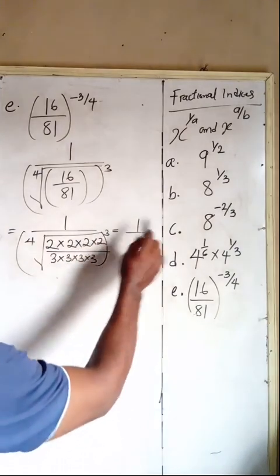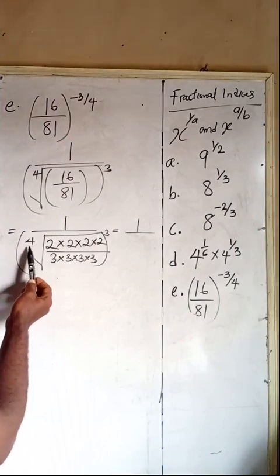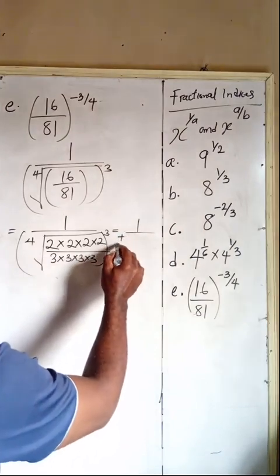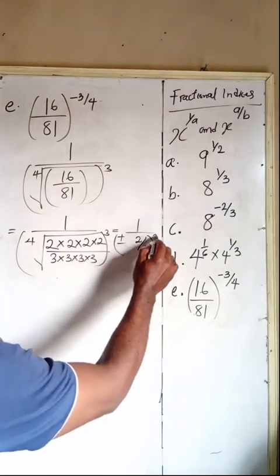Now remember that this value is an even number. If it is odd, it will not have plus or minus. Because it is even, it must have plus or minus, so it will be 2 over 3 all raised to power 3.